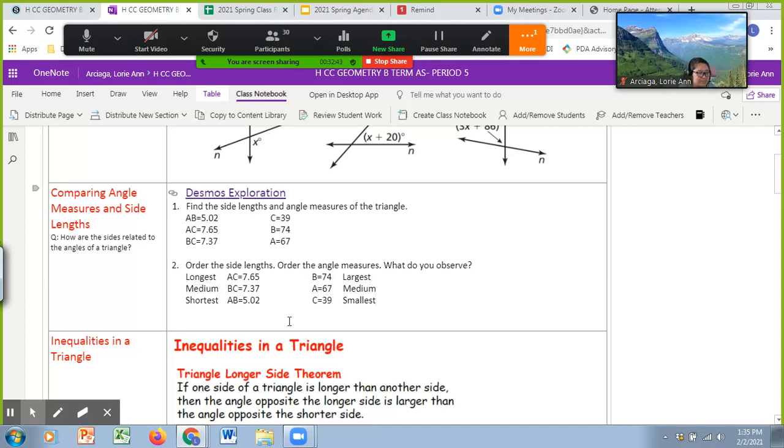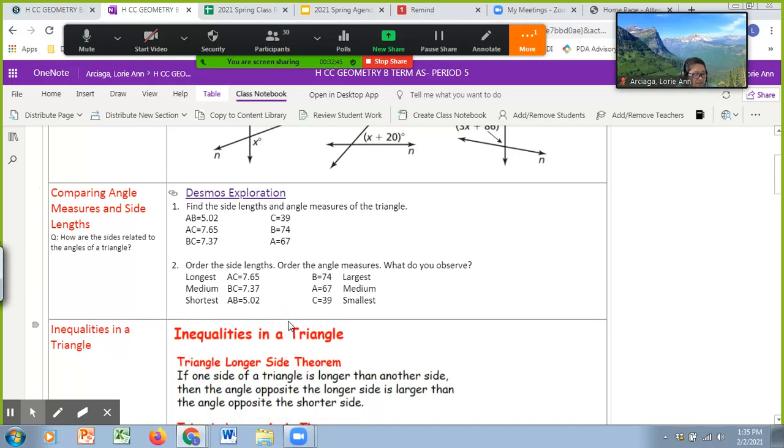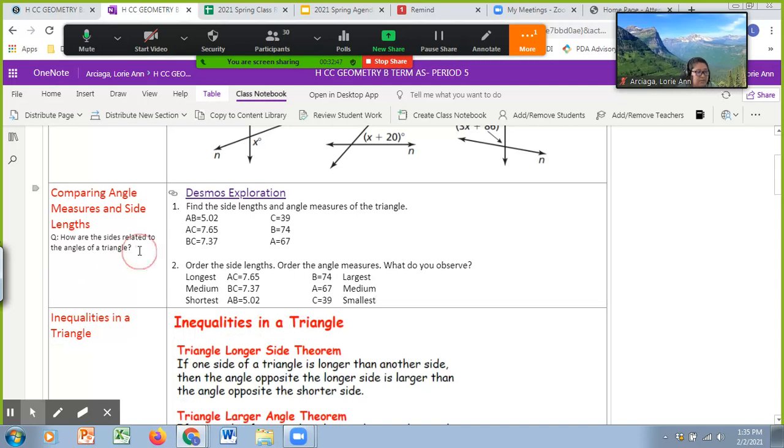Yeah? You guys see that? Okay, so then how are you going to answer this question over here? How are the sides related to the angles of a triangle? So how are you going to explain that? You could say the longest blank is across the largest blank, or you can say the shortest side is across the, then fill in the blank.